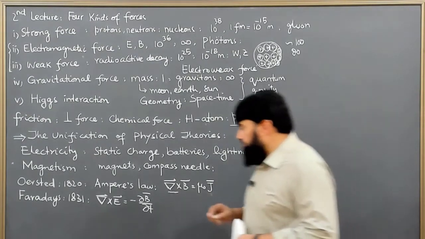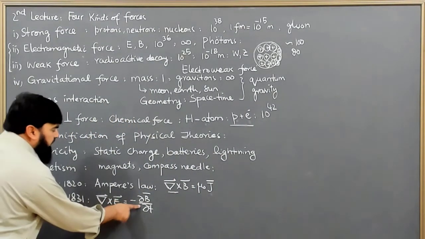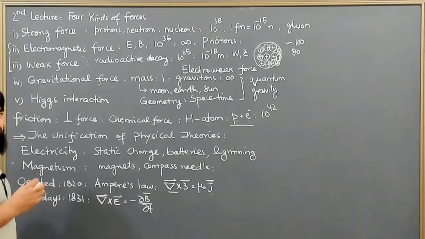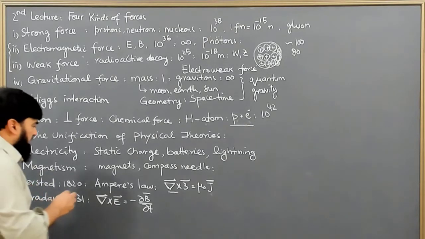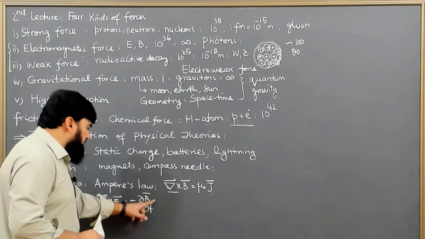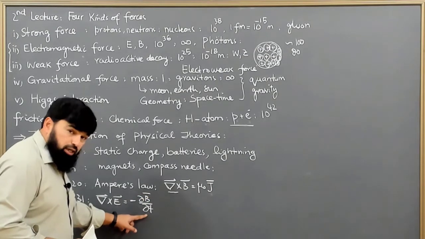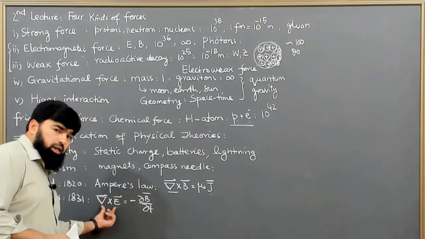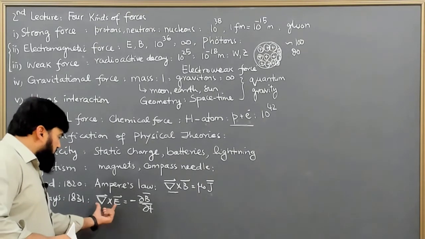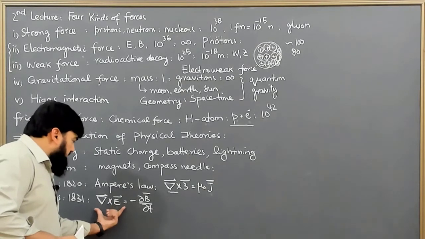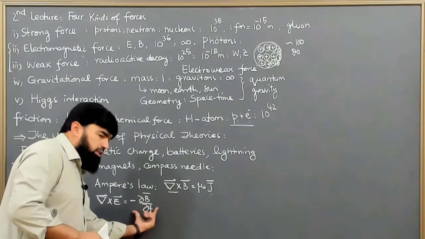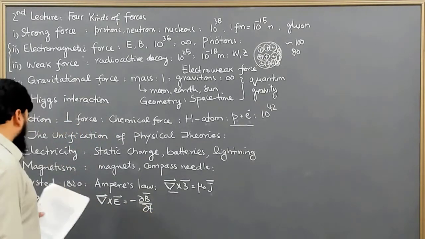So the electric and magnetic fields are not separate from each other, but a combined, intertwined thing. They are not independent of each other, and variation of one in time causes the generation of the other in space, because this is the space derivative del. This is the space variation of the electric field, del cross E, and this is the time variation of the magnetic field.